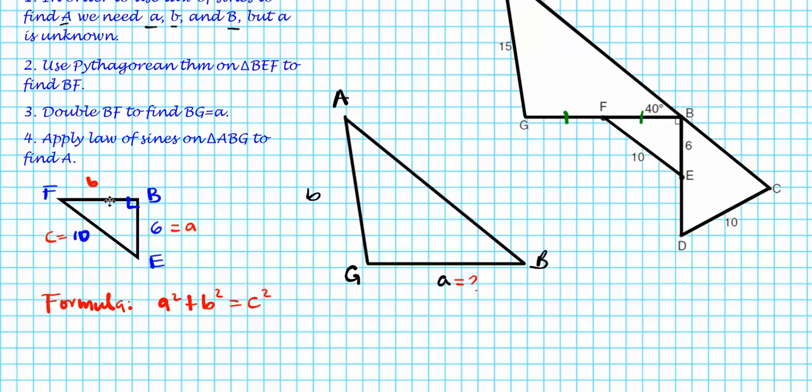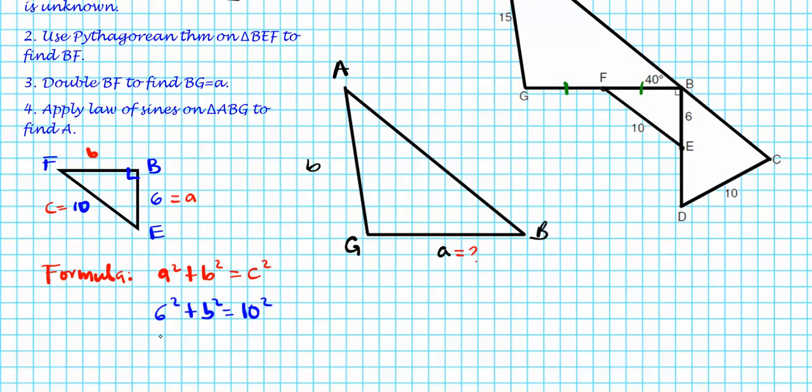What I'm looking for is BF, which is little b in this problem. So let's go ahead and solve it. Little a is 6. So 6 squared plus little b squared equals 10 squared. So we have 36 plus b squared equals 100.